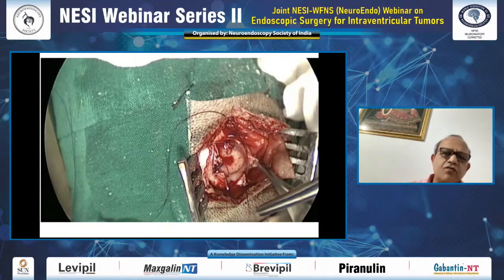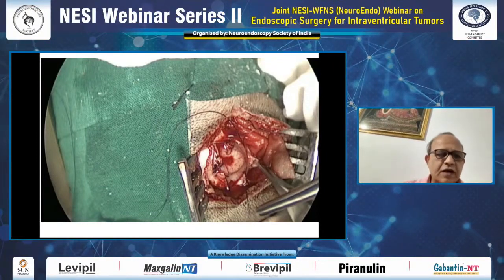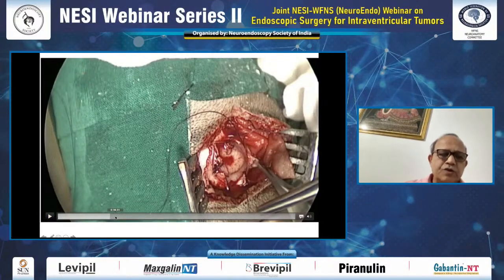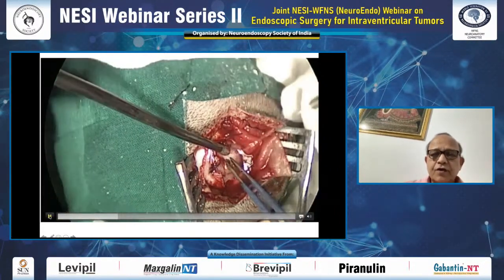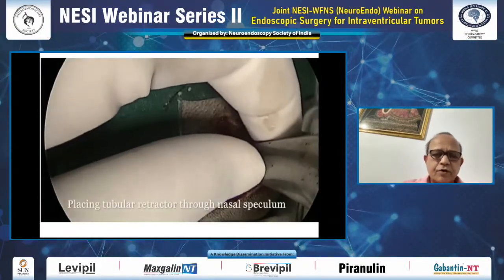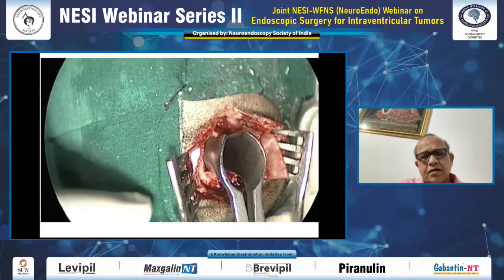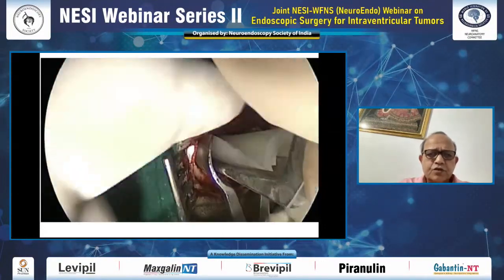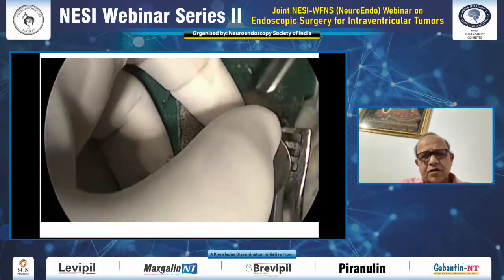So to prevent that, we have started using this pile stitch, and we stitch it to the dura, which prevents the brain from falling away from the dura. So again, the nasal speculum is introduced in a closed limb position, the tubular retractor placed, and the speculum removed.